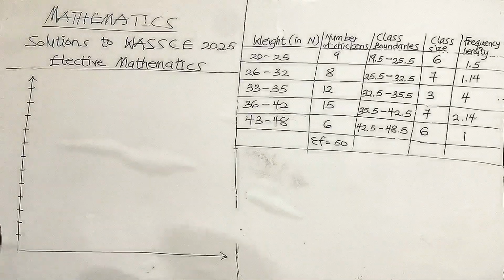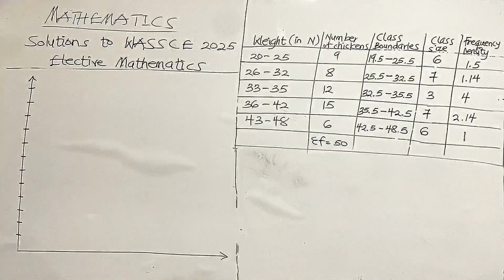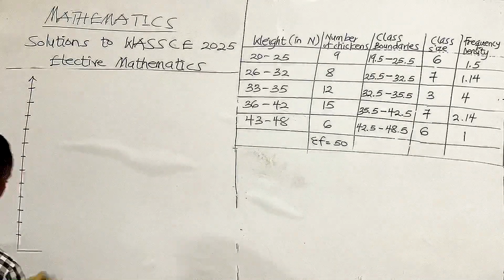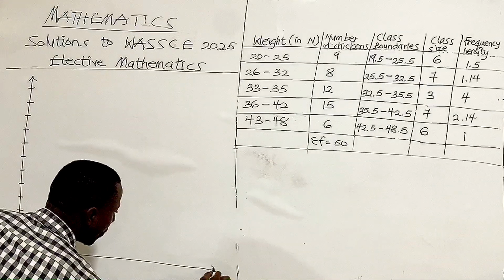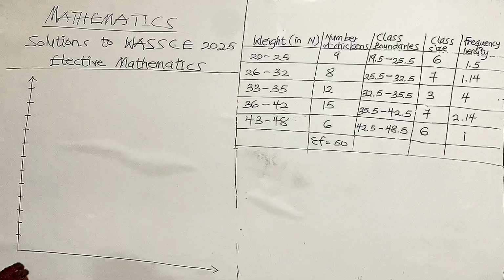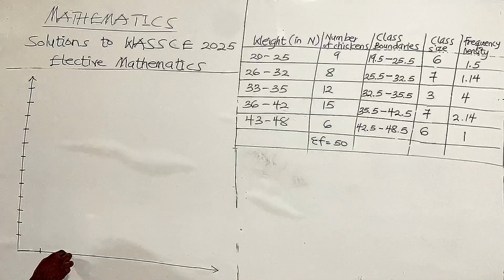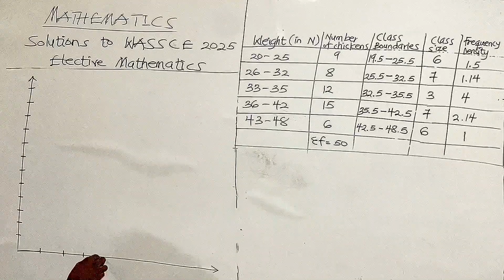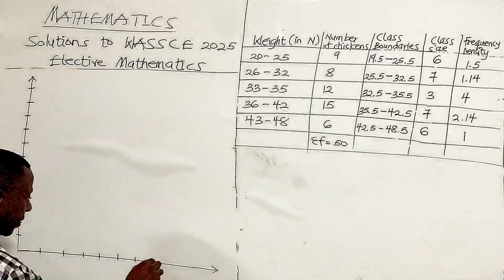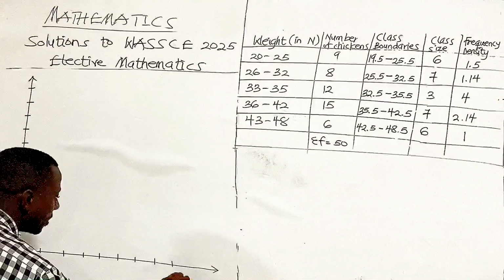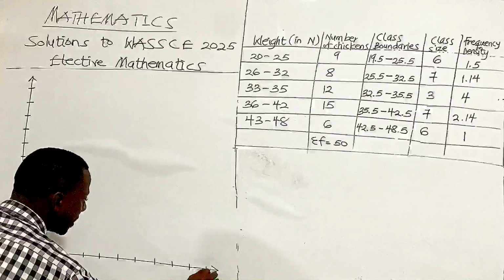Then along the x-axis, we have 10 deep lines. So let me straighten the line. All right. So we have 10, which is 1, 2, 3, 4, 5, 6, 7, 8, 9, 10.